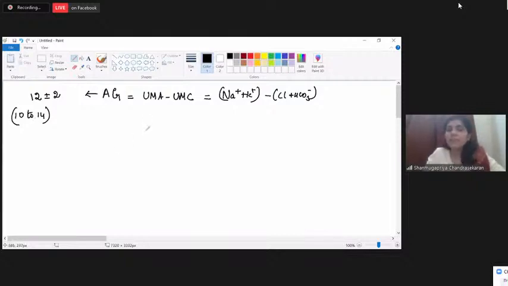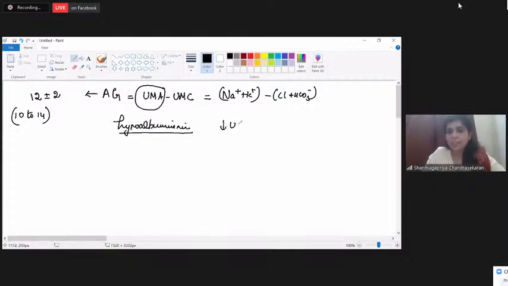Yeah. So when is there a possibility of this anion gap getting misinterpreted? Whenever there is a change in one of the unmeasured anions concentration, for example, hypoalbuminemia. So what happens in hypoalbuminemia? Albumin is one of the unmeasured anions in your circulation.